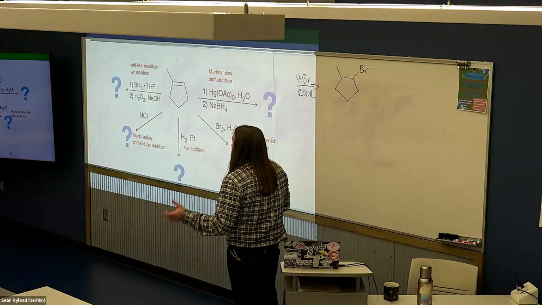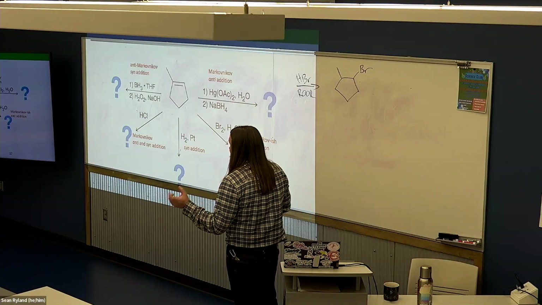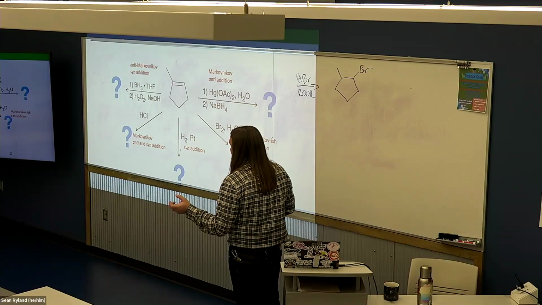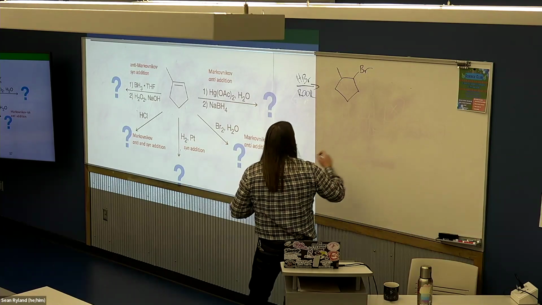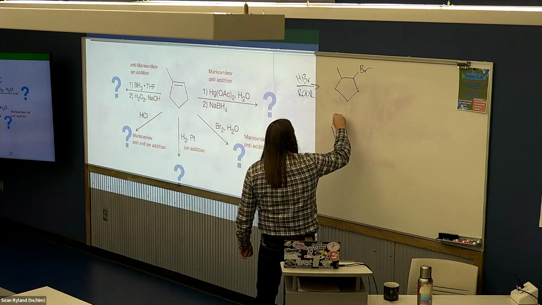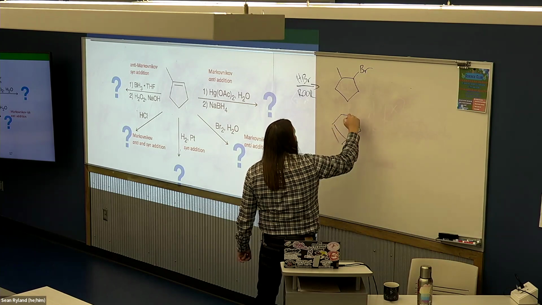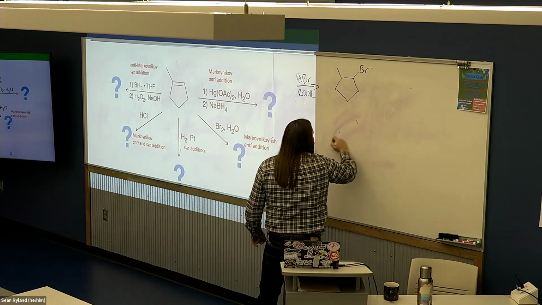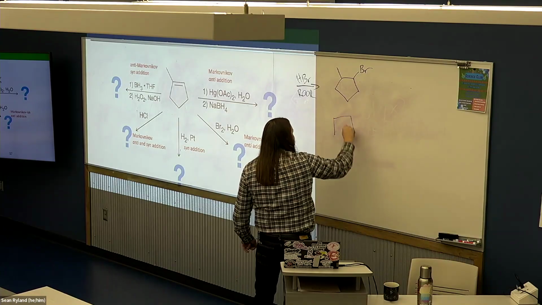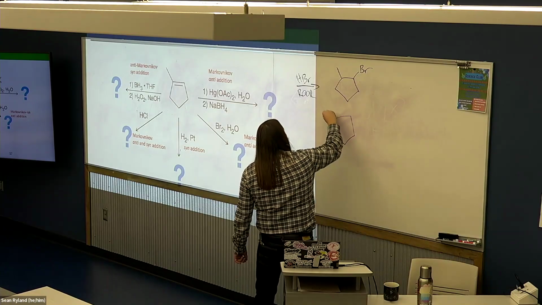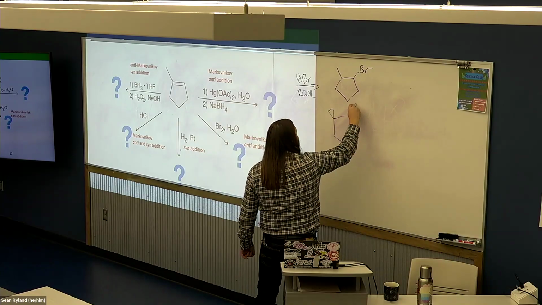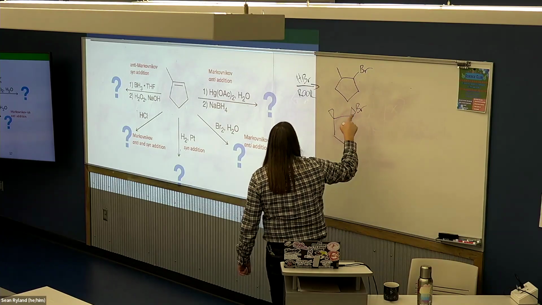Free radical mechanisms are not stereospecific because those radicals are flat. So you're going to get methyl up, bromine up. You're going to get methyl up, bromine down.